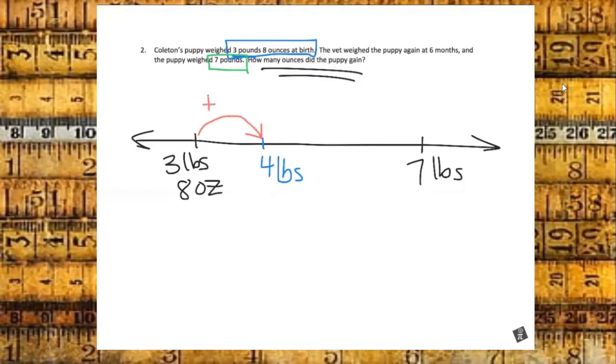We have to add 8 ounces, because there's 16 ounces in a pound. Adding 8 more ounces to 3 pounds, 8 ounces gives us 4 pounds. Now to go from 4 pounds to 7 pounds, that's just 3 more pounds.